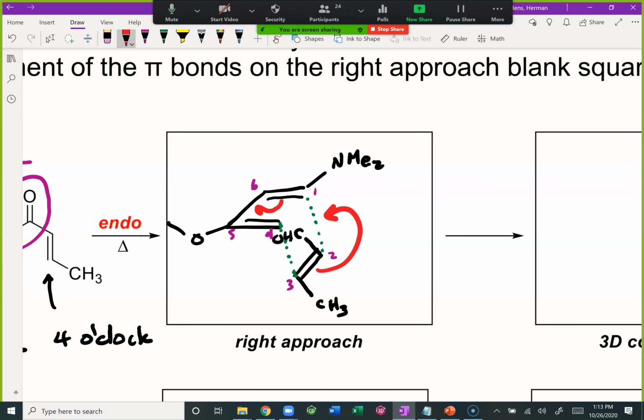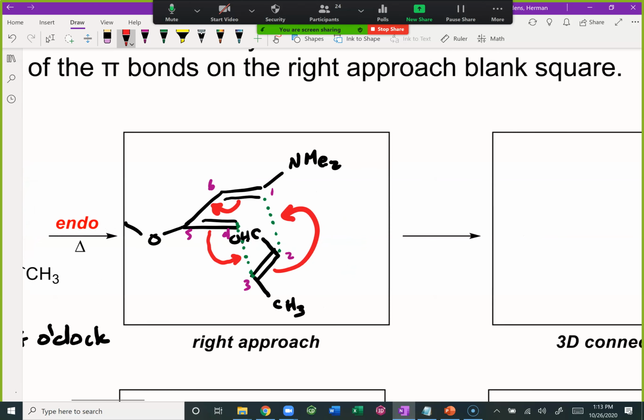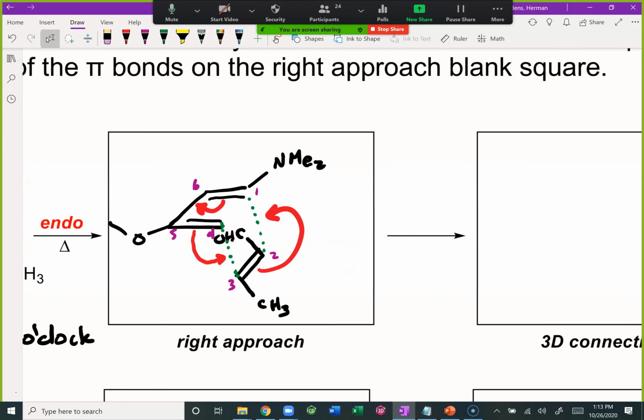And this double bond will migrate over here to form a new pi bond. And then that's going to break this pi bond, which is going to form that sigma bond. So basically you have 3 bonds breaking and 3 bonds making happening simultaneously. Like that, okay?